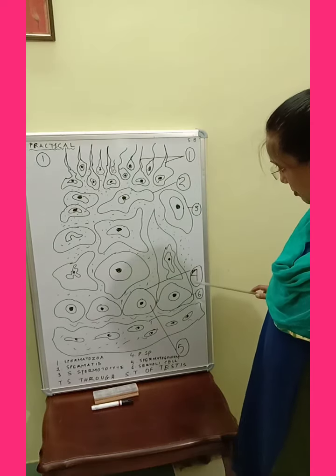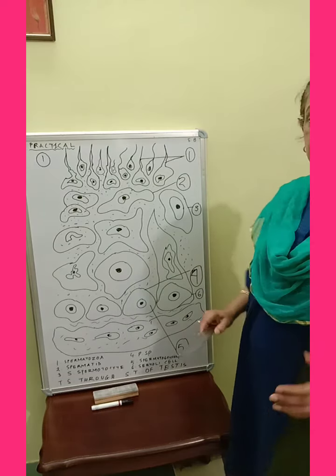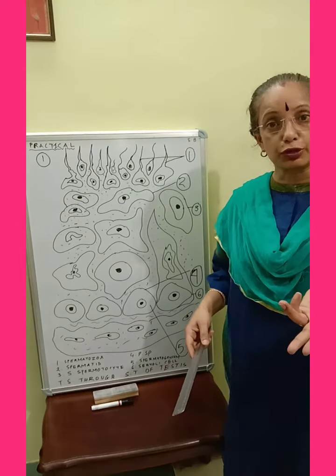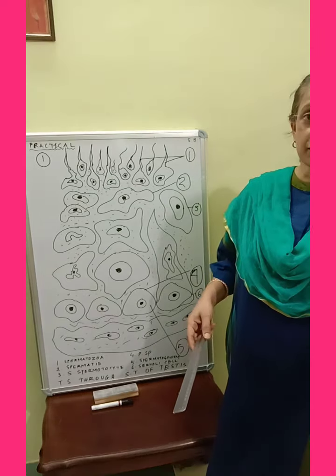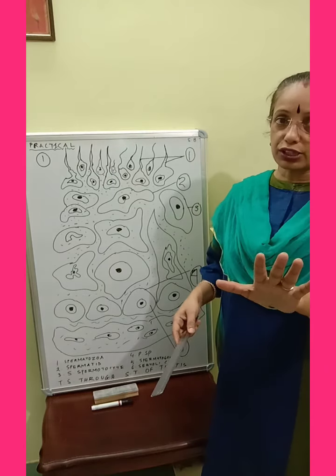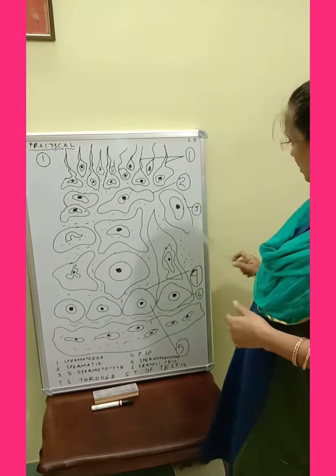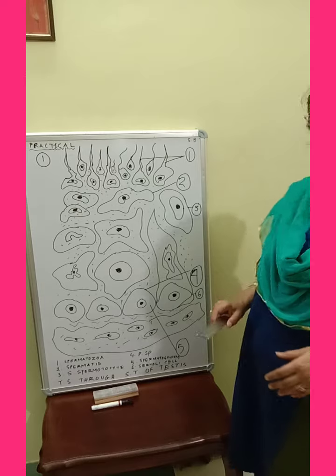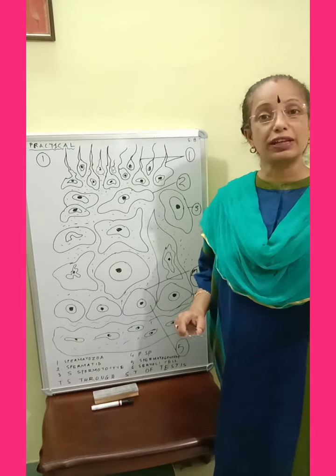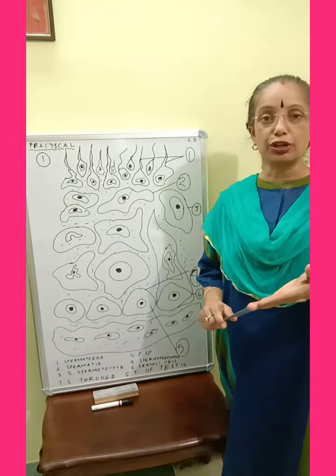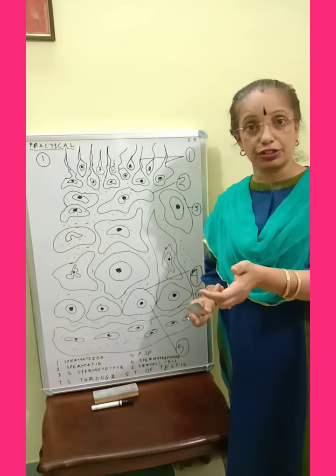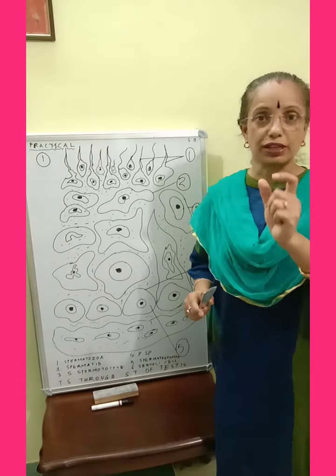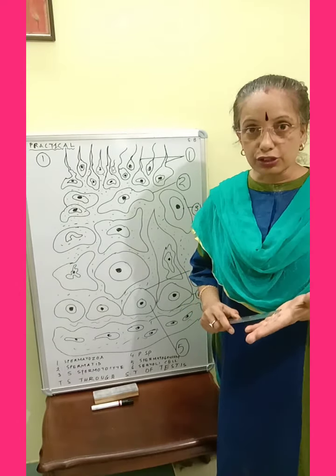Now this primary spermatocyte, number 4, is undergoing second meiotic division to form secondary spermatocyte. Now how many secondary spermatocytes will be formed? 4 secondary spermatocytes. Now this secondary spermatocyte, which is shown here as number 3, is having how many chromosomes each? 23, because the second meiotic division is equational division. So to start with, sperm mother cell or spermatogonium is having 46 chromosomes.